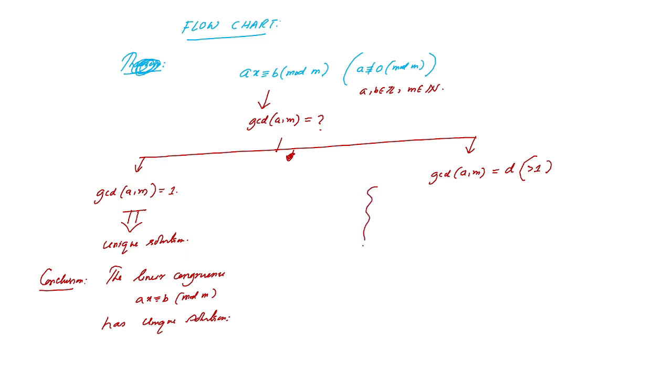Whereas if the GCD of a and m is D, we do two things. One is whether D divides B or not.